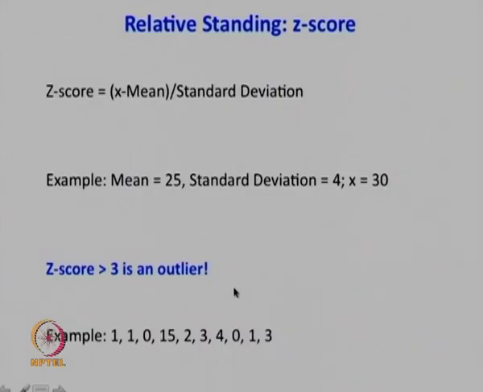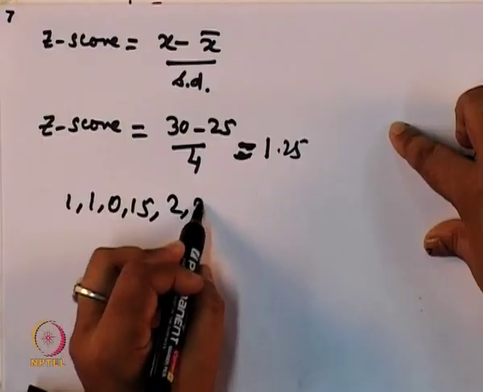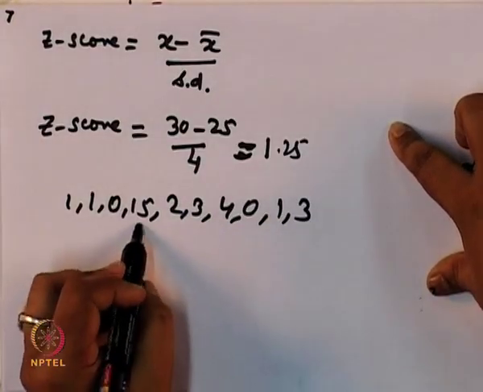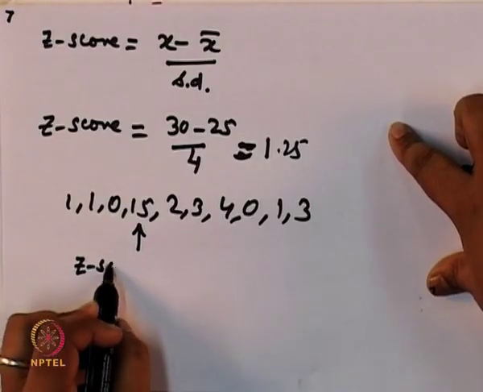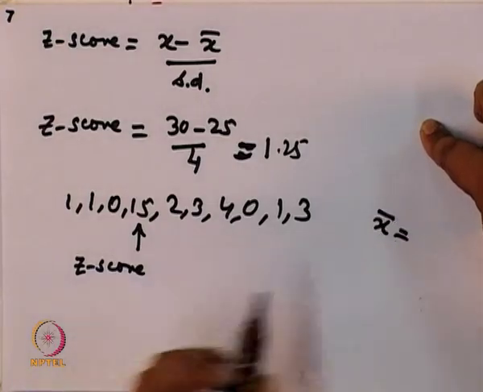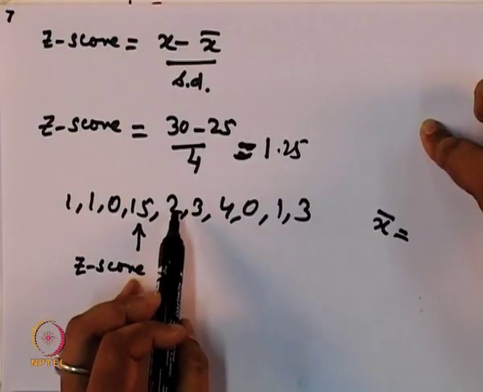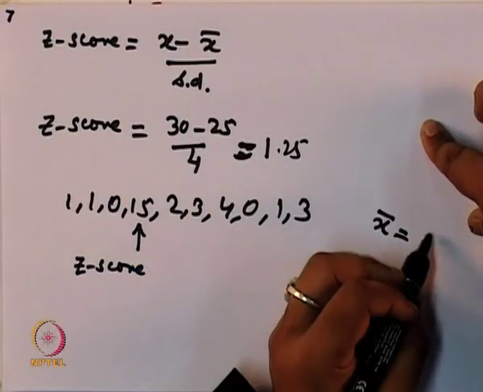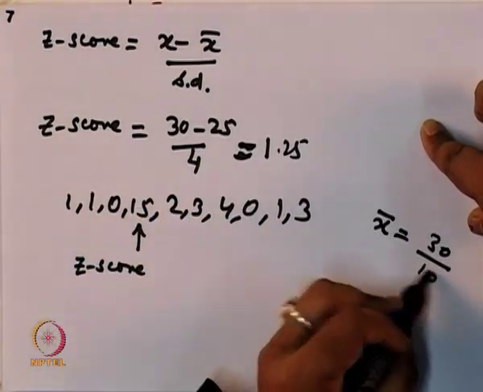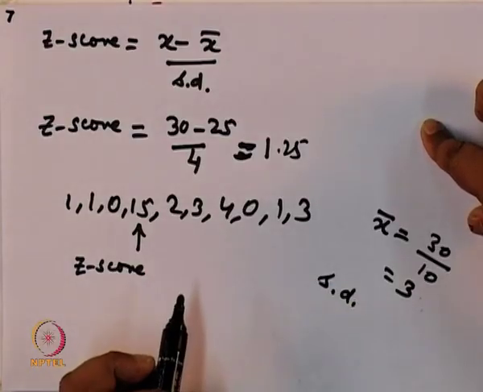So, you have these values, so your data is 1, 1, 0, 15, 2, 3, 4, 0, 1, 3, right. So, for this particular value the z score, we of course have to calculate the x bar. X bar is 3, standard deviation, okay.